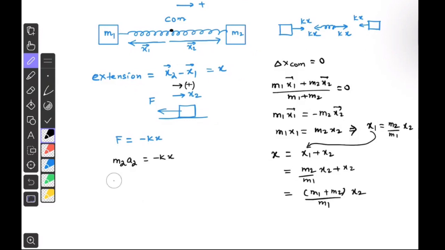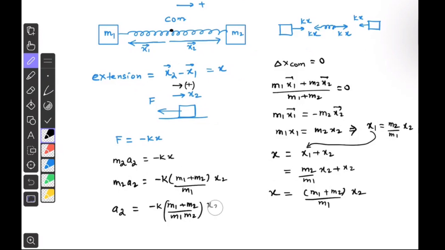So we get m2a2 equal to minus k (m1 plus m2) by m1 into x2. So the acceleration a2 is minus k (m1 plus m2) by (m1 m2) into x2.